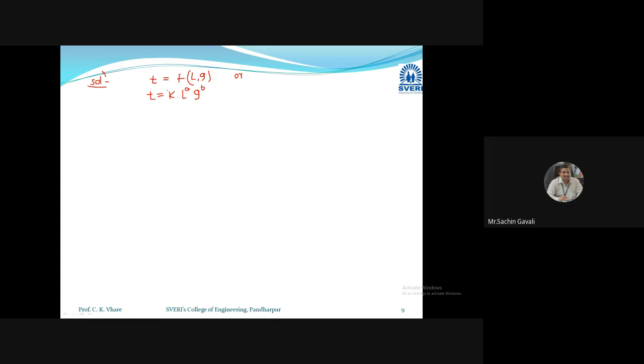Now this K is a constant, and a and b are the arbitrary powers that we have to find out by using the dimensions.